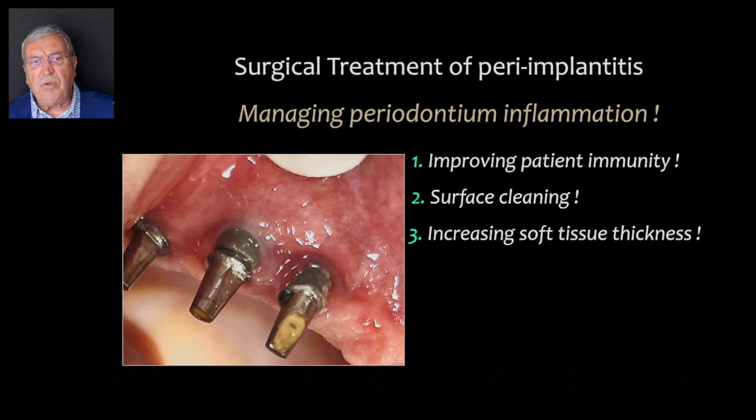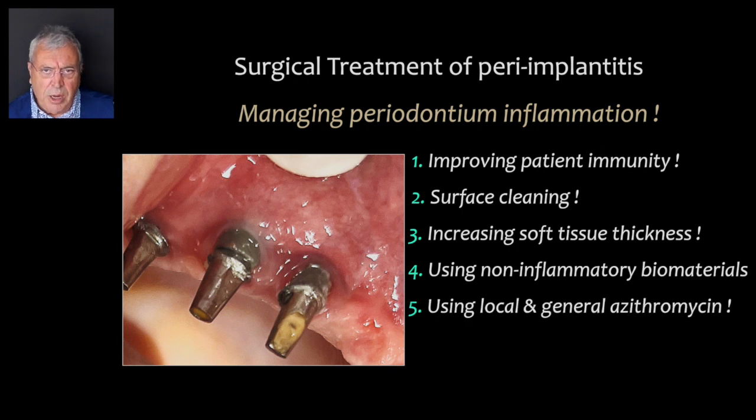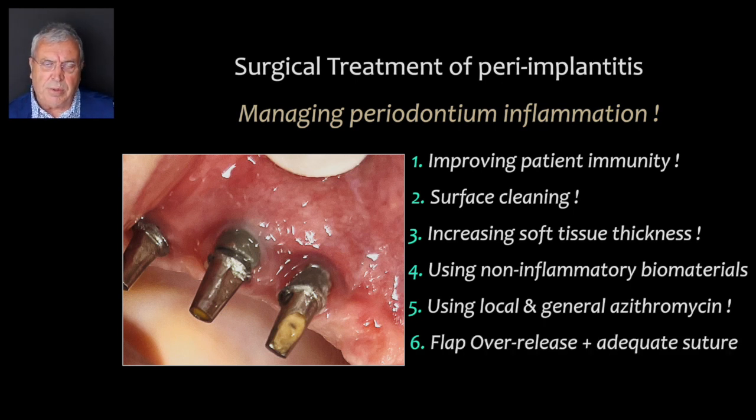If you do not increase it, you will meet a new peri-implantitis again. We should use non-inflammatory biomaterials, human or porcine. Azithromycin will help, locally and orally, and obviously the flap management and the suture.